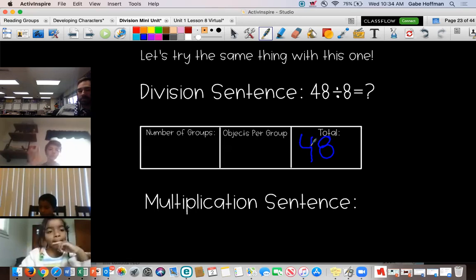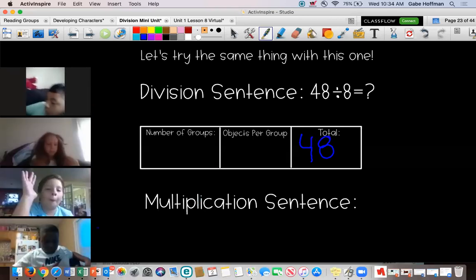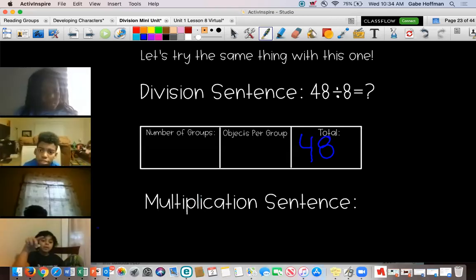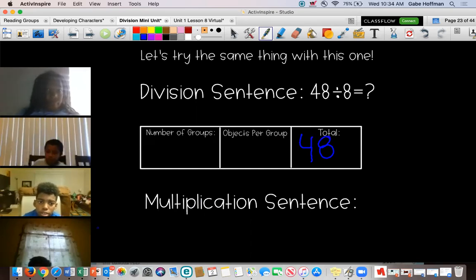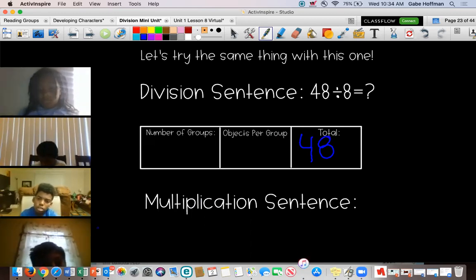Clay, where am I going to put the 8? Since it's not a story problem, you can put it in objects per group or numbers per group.